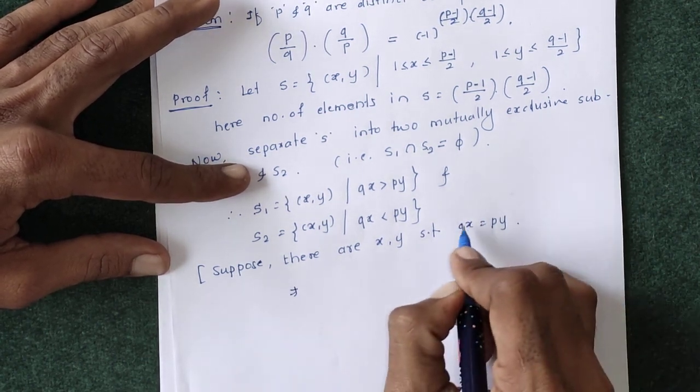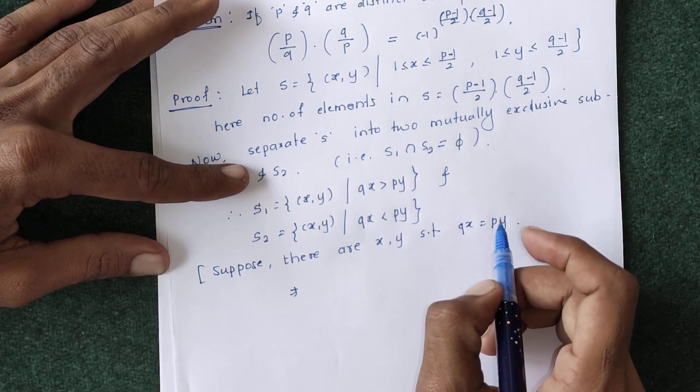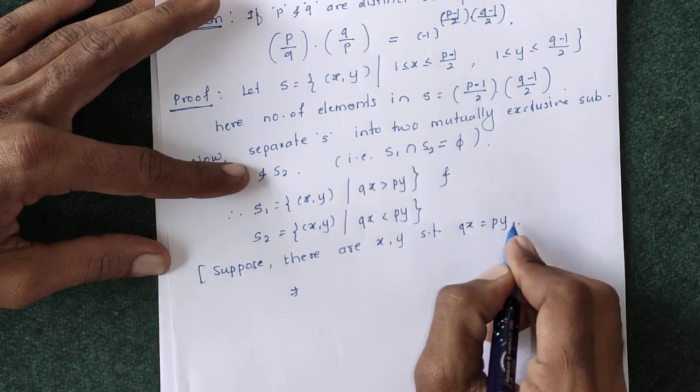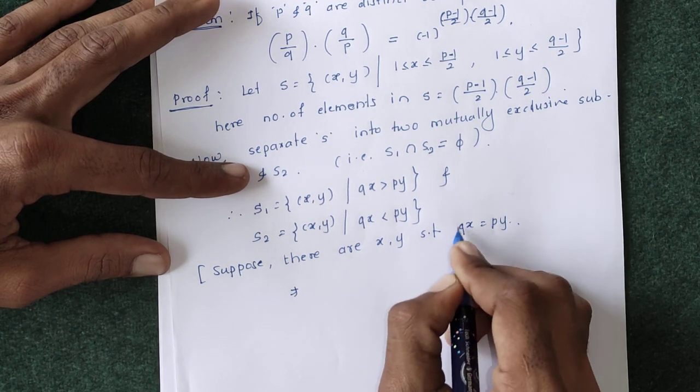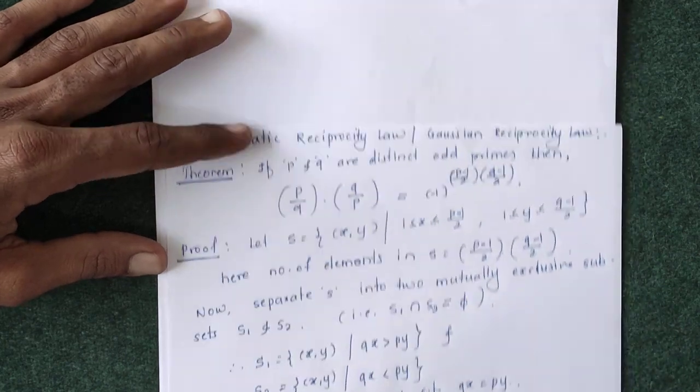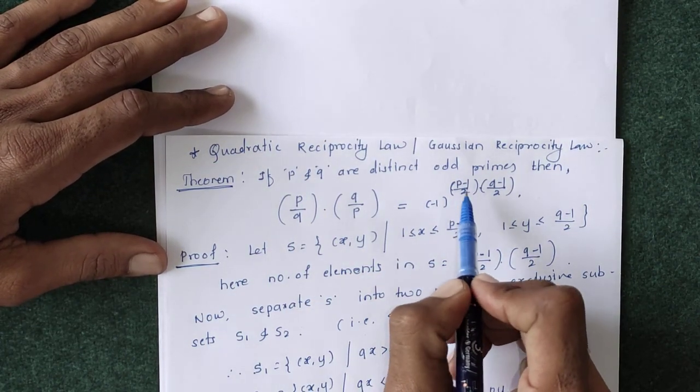Then, by the definition of divisibility, Q divides Py, since Py is a multiple of Q. But we are given that p and q are distinct odd primes.